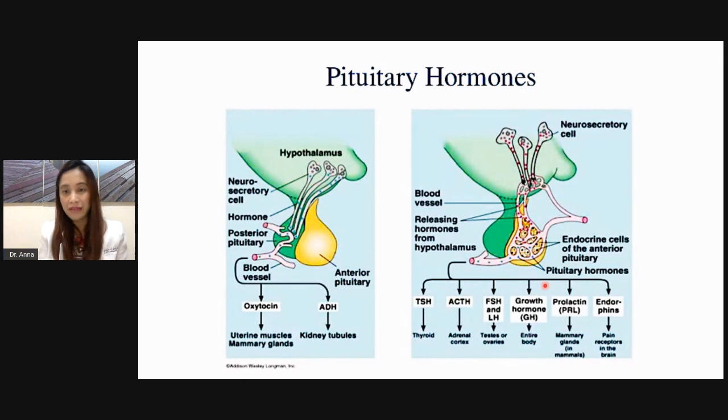Your anterior pituitary is connected to the neurosecretory cells from your hypothalamus, and your neurosecretory cells send releasing hormones into the hypothalamic hypophyseal portal circulation, and send this releasing hormone into your anterior pituitary, either to stimulate or inhibit secretion of hormones from the anterior pituitary.